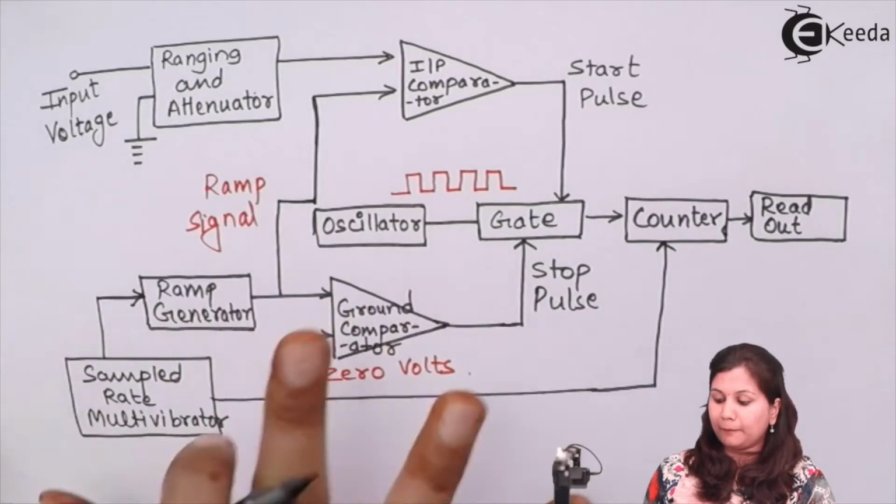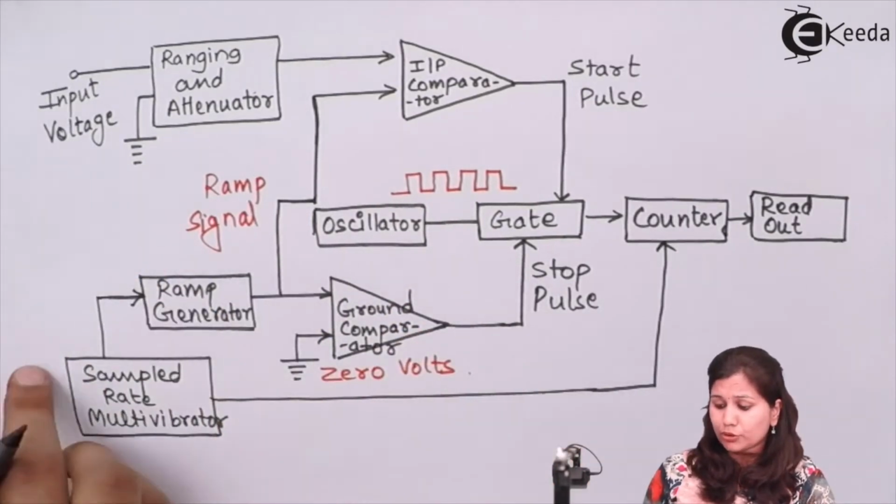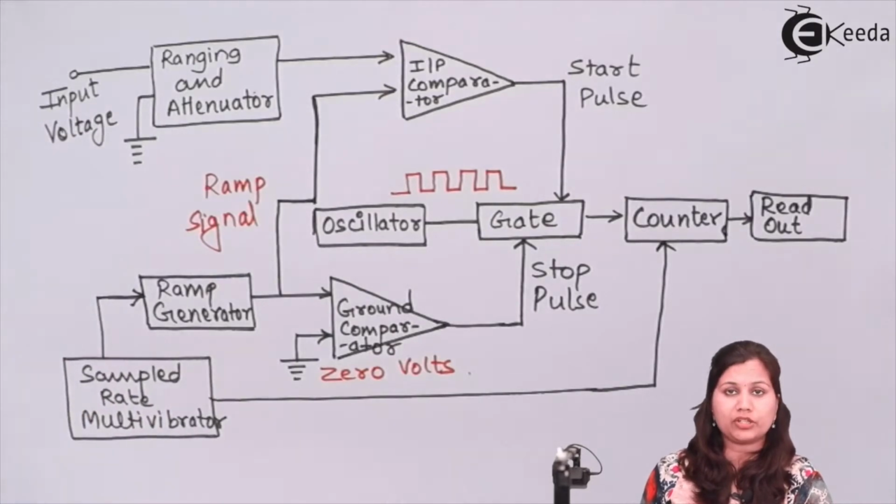So this is the block diagram showing all the various blocks used in the ramp type DVM.